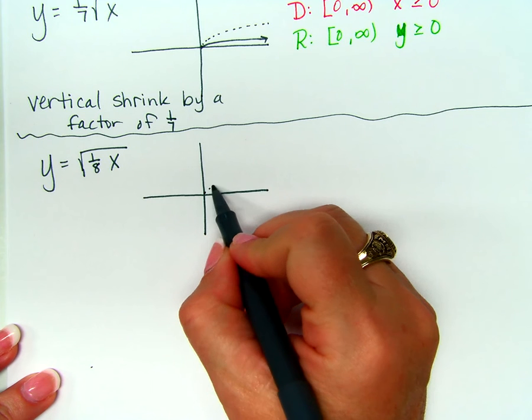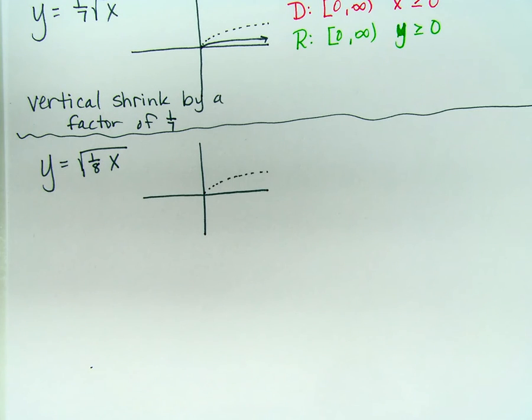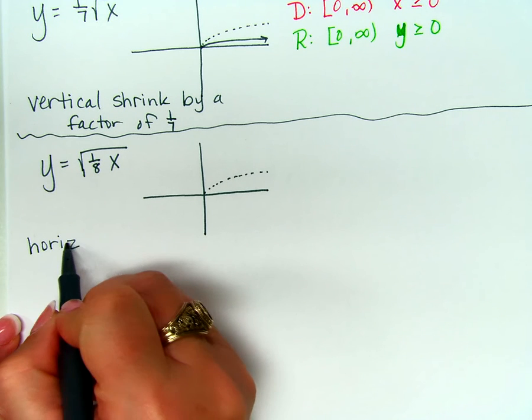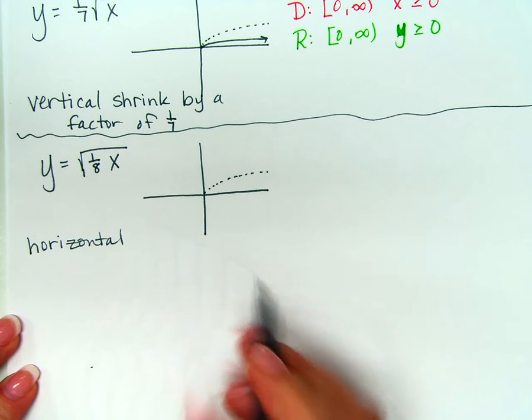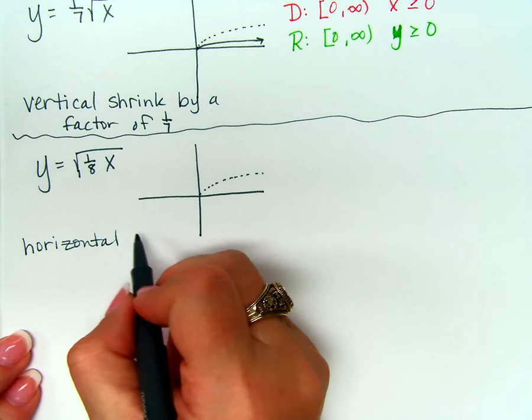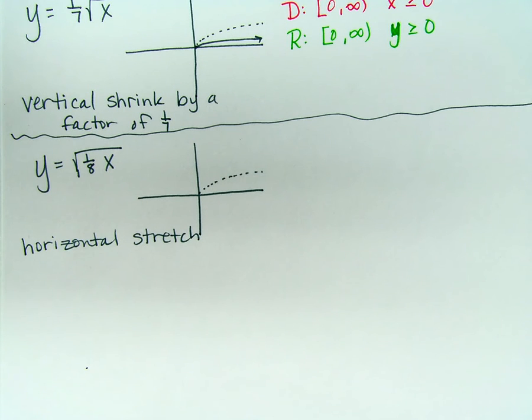Here's the parent. If it's inside, it's a horizontal change, right? So is this a shrink or a stretch? Why is it a stretch? It's inside, so it's different than what you think.